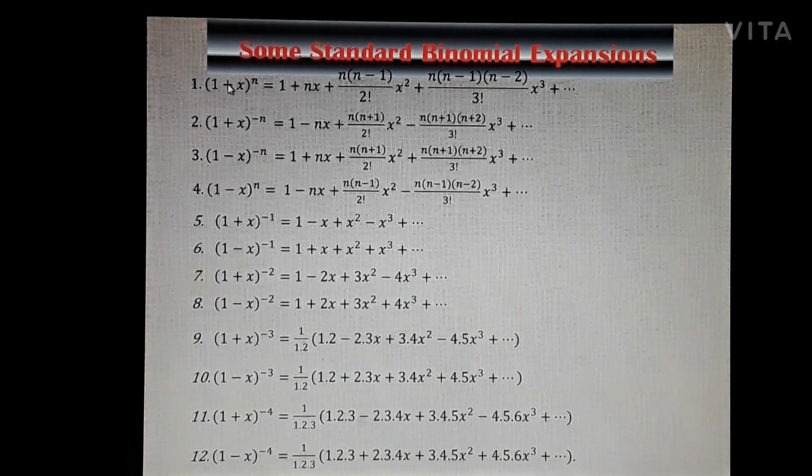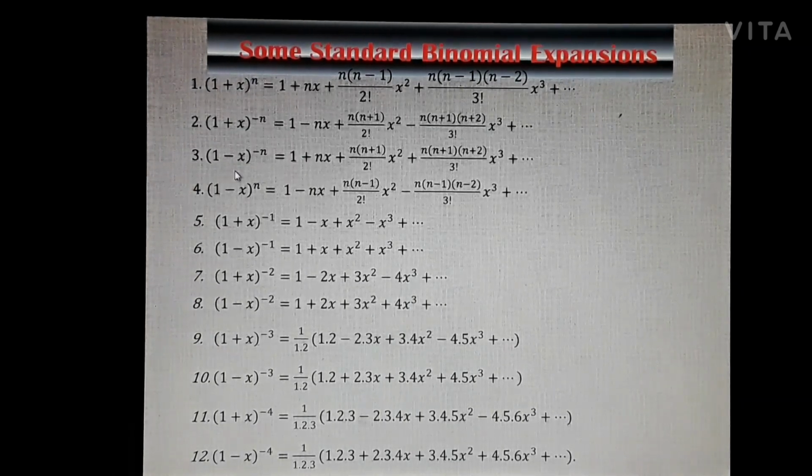According to the sign of x and the sign of n. If these two are in the same sign, here plus x plus n, here minus x minus n, all the terms become positive. You see 1 + nx + etc. Here also 1 + nx + etc. So if both x and the index n are in the same sign, all the terms will become positive.